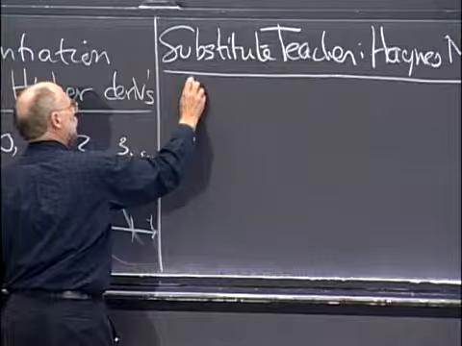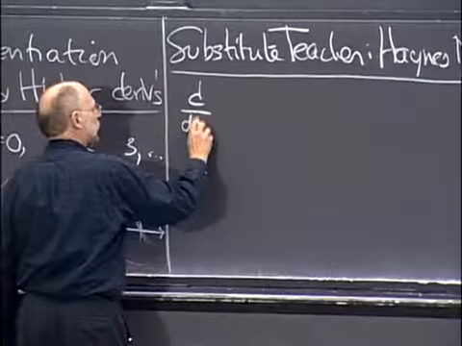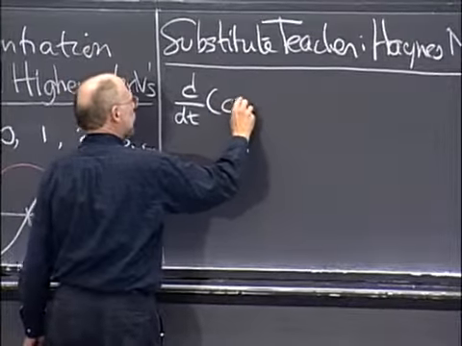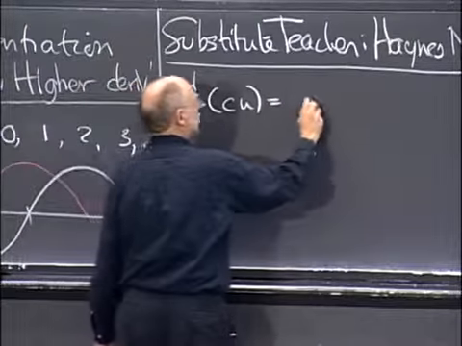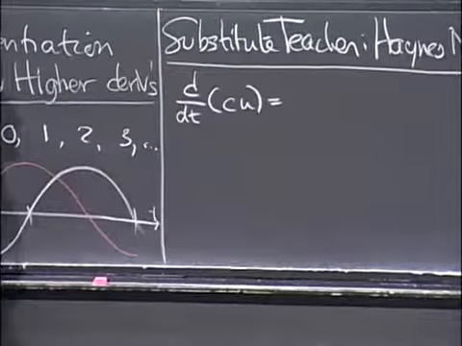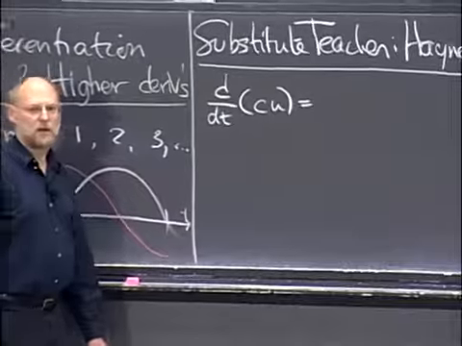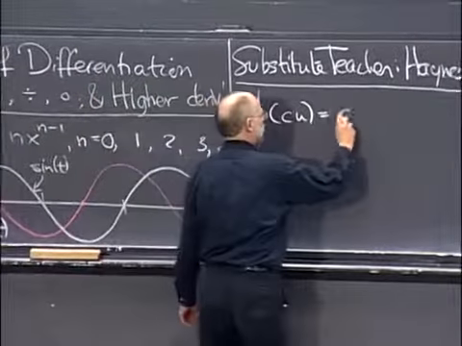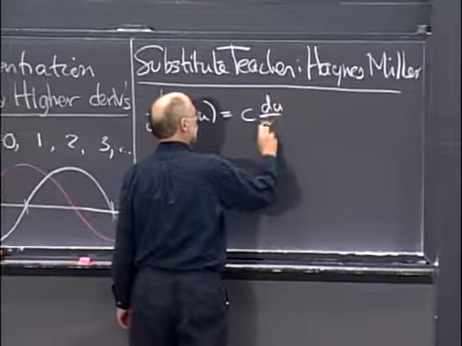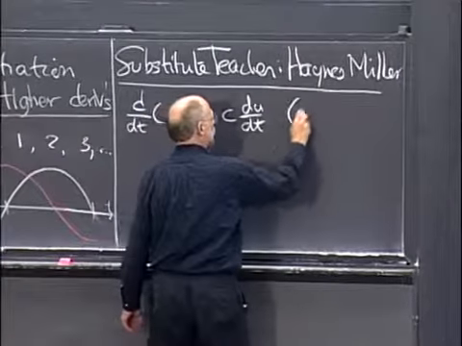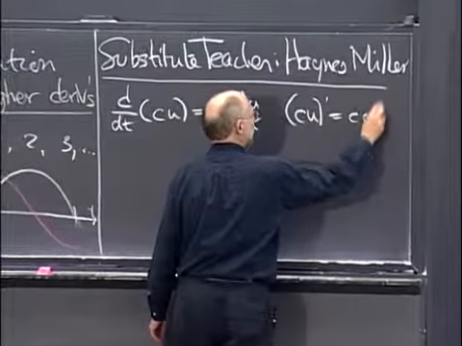For instance, I think you know that if you differentiate a constant times a function, what do you get? The constant comes outside, like this. Or I could write (Cu)' is Cu'.